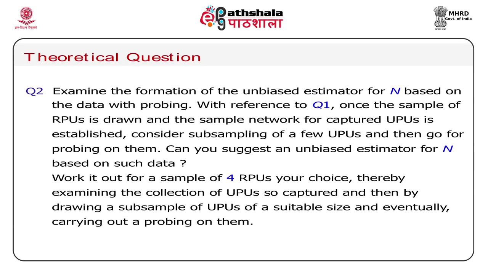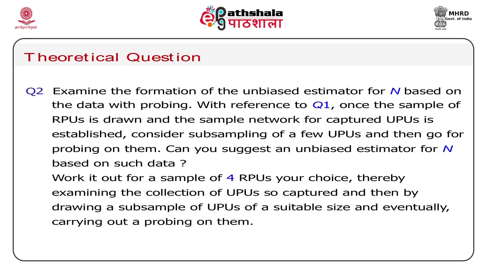In the text, what we said, I have a sample of reference population units, through them I capture so many ultimate population units and I go for probing to all of them. Now, we are saying you have a sample of ultimate population units, take a random subsample, and on that subsample you go for probing.